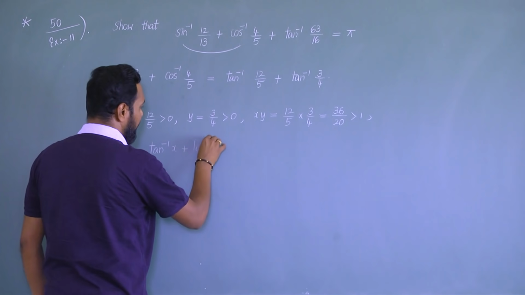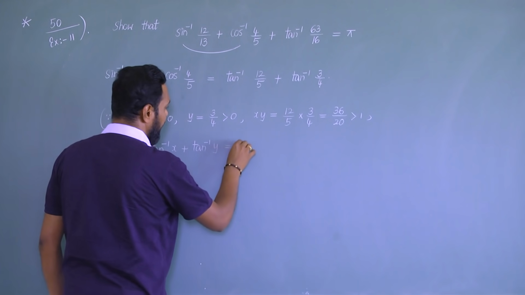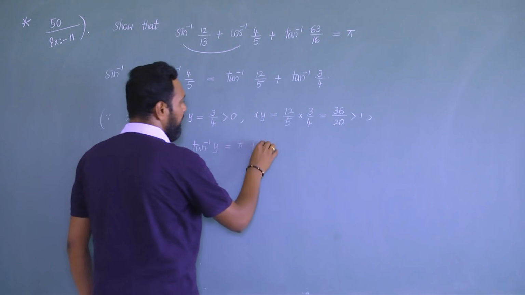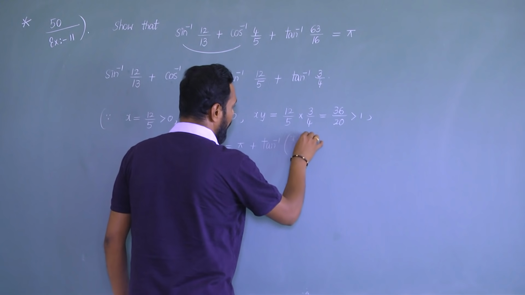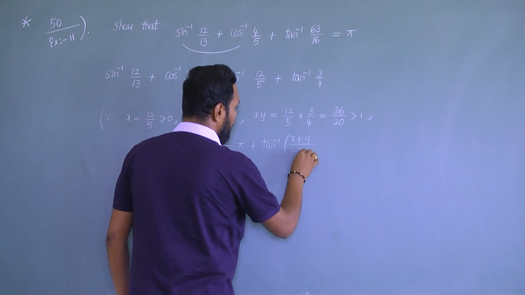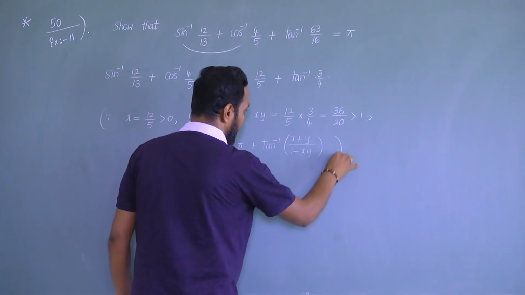So xy greater than 1, then the formula is tan inverse x plus tan inverse y equals pi plus tan inverse of x plus y by 1 minus xy.